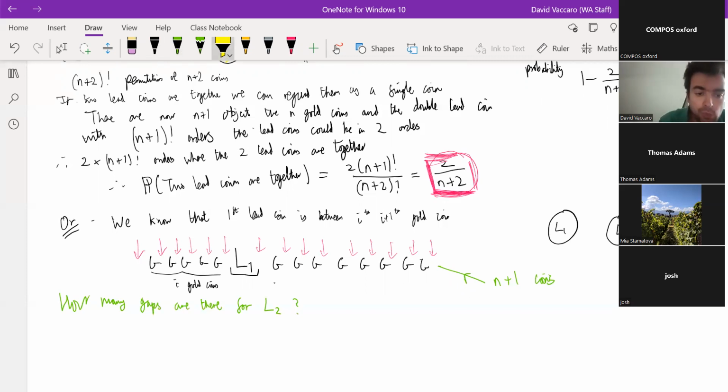Well, there's n+1 coins, so there's a gap before each coin, but there's also another gap at the end, so there's n+2 gaps. And how many of these gaps are next to L1?